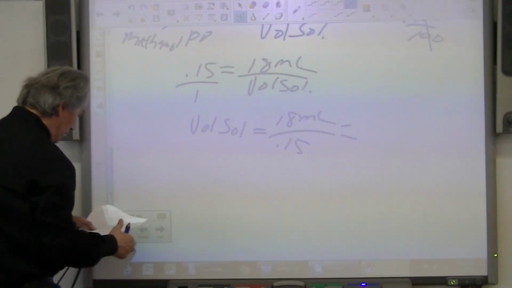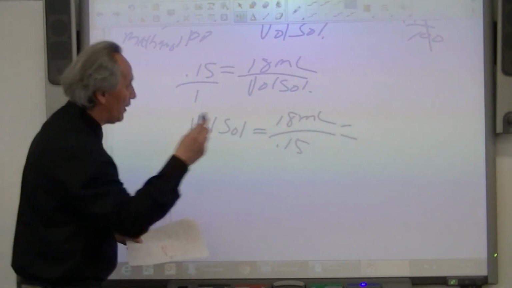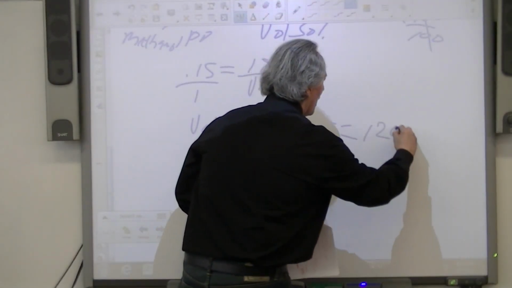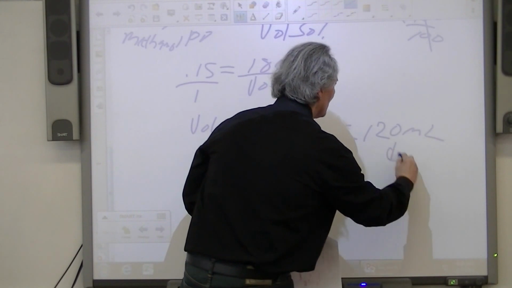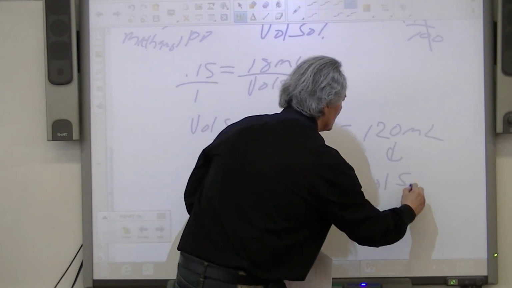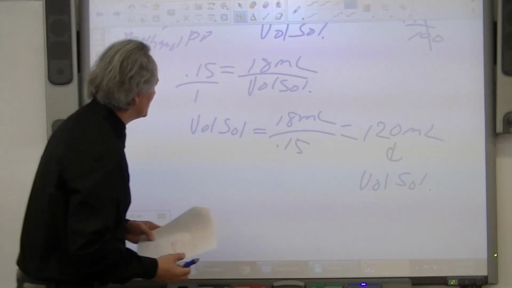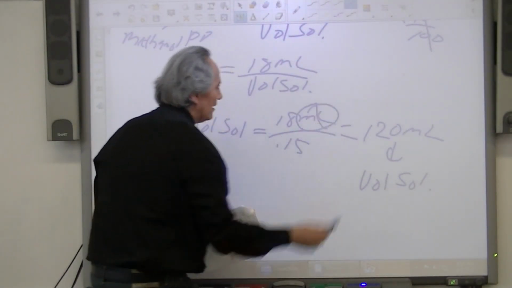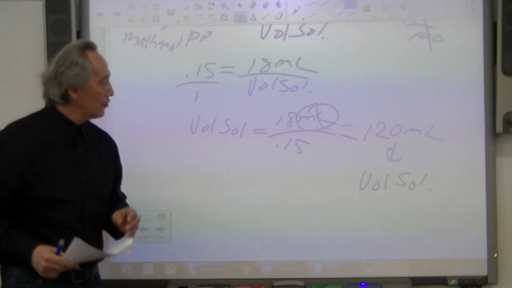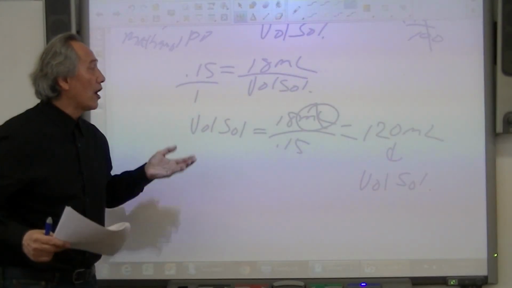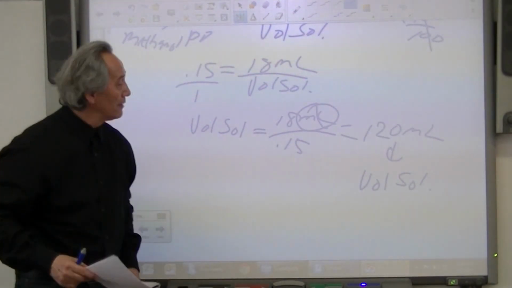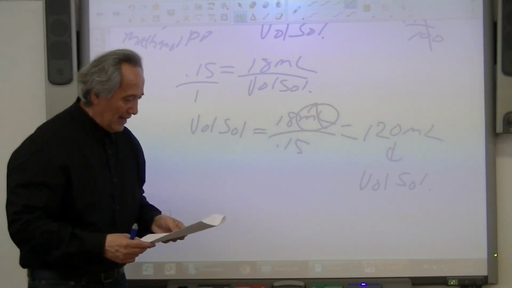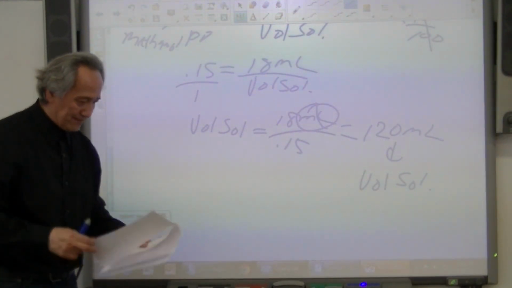Put that in our calculator, and we in fact will get 120 milliliters, which in fact is our volume of solution, what we're looking for. Note that our units here are milliliters, and that's what we're left with. And our final result was 120 milliliters of the volume of solution, and we've completed it.